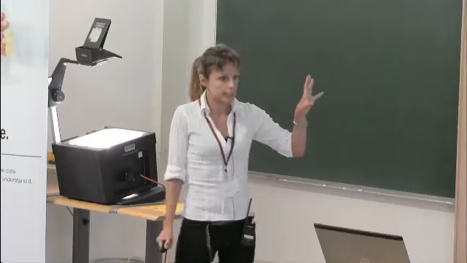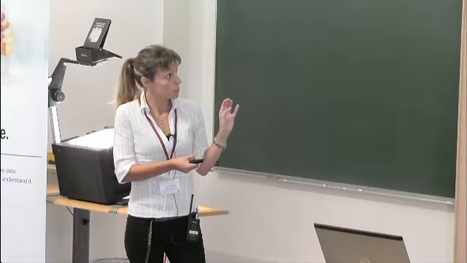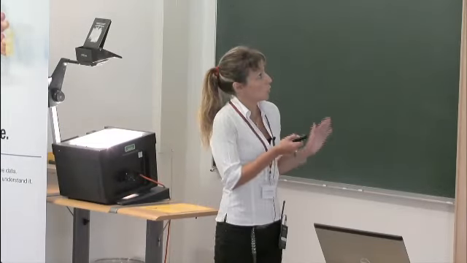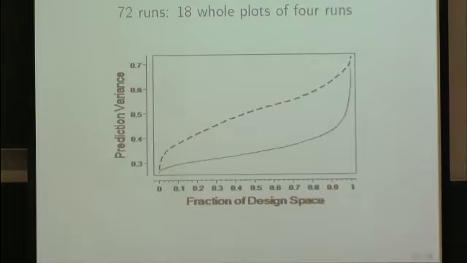This is a design from the subset designs, and for both graphs we consider designs suitable for a cuboidal design region, and we construct the graphs by assuming that sigma gamma squared and sigma epsilon squared are equal to 1. So in this graph, we can clearly see that our design behaves better than the D-optimal design in terms of prediction variance.